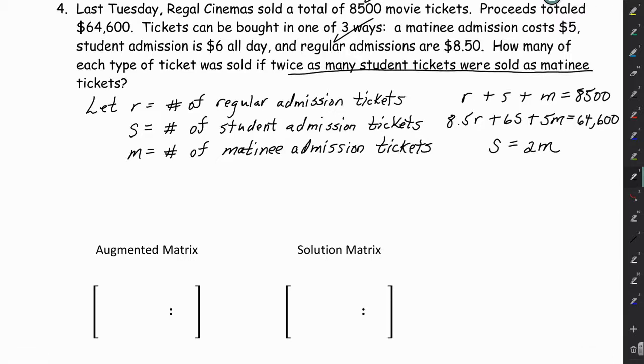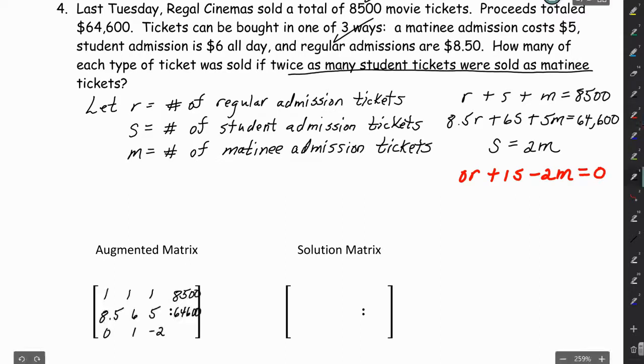Now the last equation is not in RSM order, so let's rewrite that so we can get ready to put it in our augmented matrix. We don't have a value for R, so that's 0R plus 1S. I have to move that 2M over, which leaves a 0 on the right side. Now we're all ready to transfer that to our augmented matrix.